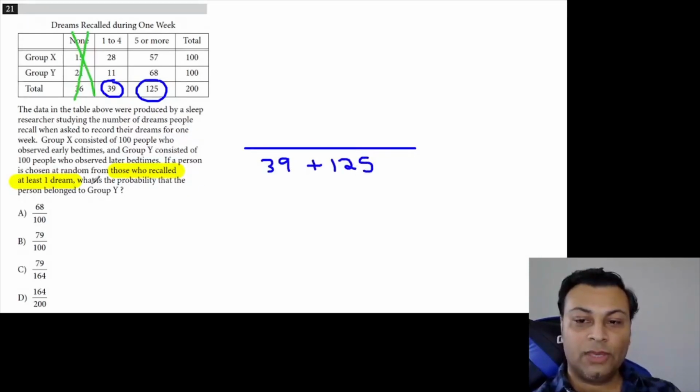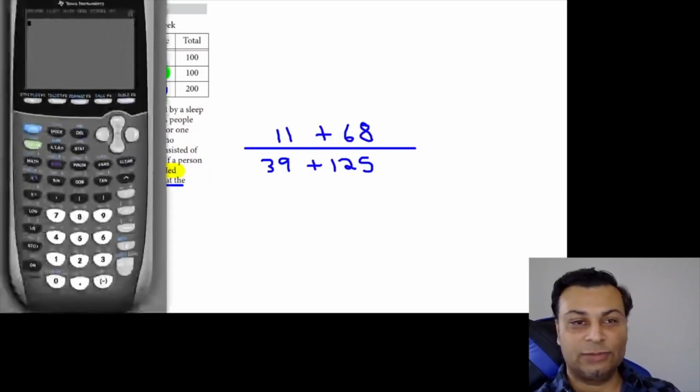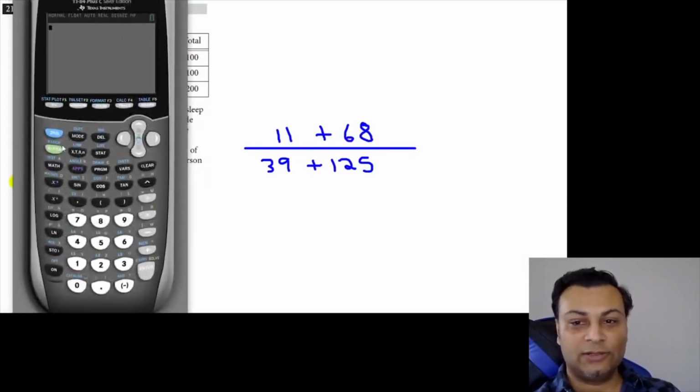Okay, what's the probability that the person belonged to group Y? Well, of those people, only these people belonged to group Y. So we have 11 plus 68. Now, I recommend using the calculator whenever possible. So let's put that in the calculator.